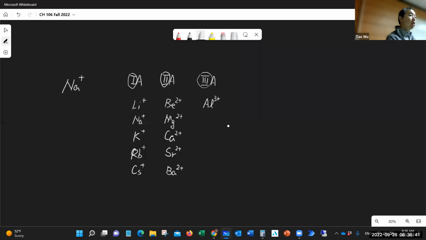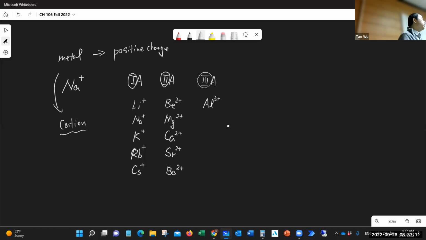Also, for a metal, is the charge positive or negative? A metal always gives us a positive charge. Metal ions always make a cation.